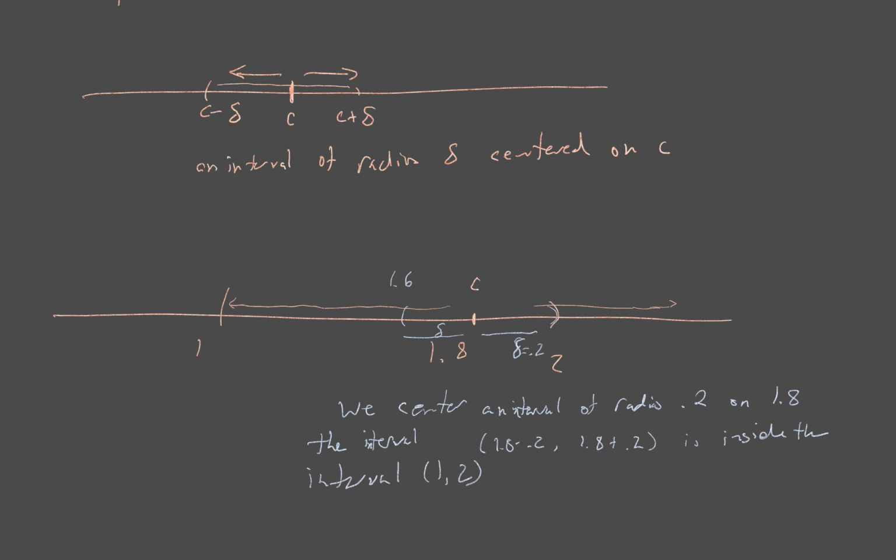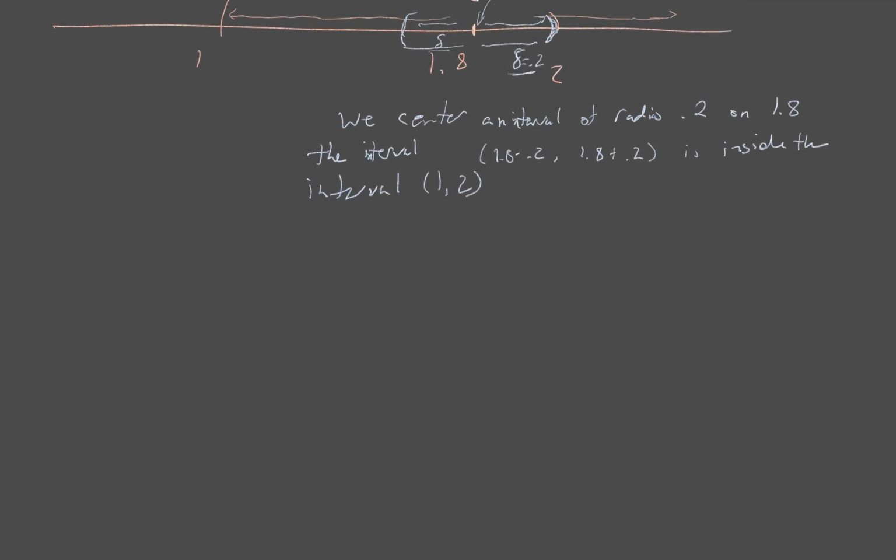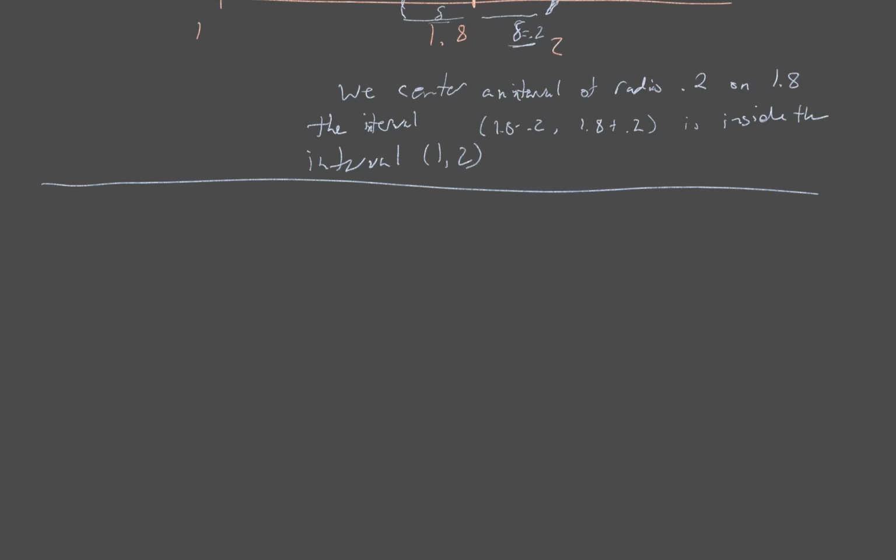Right. So I found this point, or I was given this point, and I wanted to know what size of an interval, what's the biggest centered interval on that point that will fit inside the interval 1, 2. Well, I go to the closest end point, and it gives me 0.2 to the right, so I go 0.2 to the left so that it's centered, and that interval will be centered on C inside the interval 1, 2 with radius 0.2. Right? Okay, that concept's going to help.